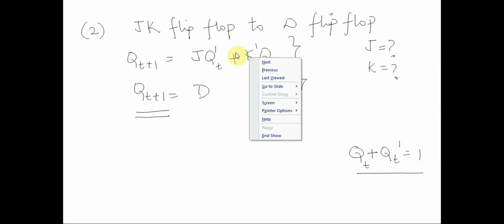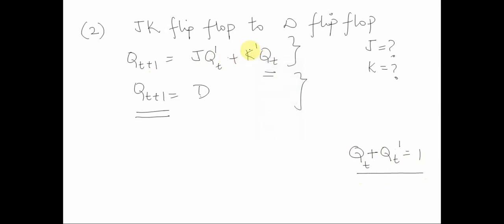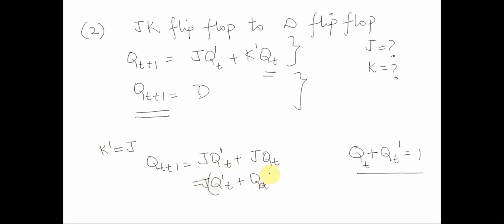So if I say K' is equal to J and substitute K' as J in this equation, Q(t+1) will become J Q'(t) + J Q(t). We can take J common, and Q + Q' equals 1, so this will be equal to J. By doing this, we have made the next state independent of the present state.